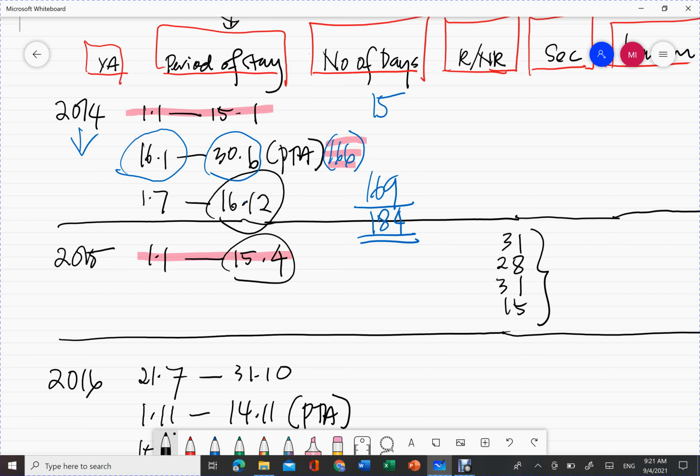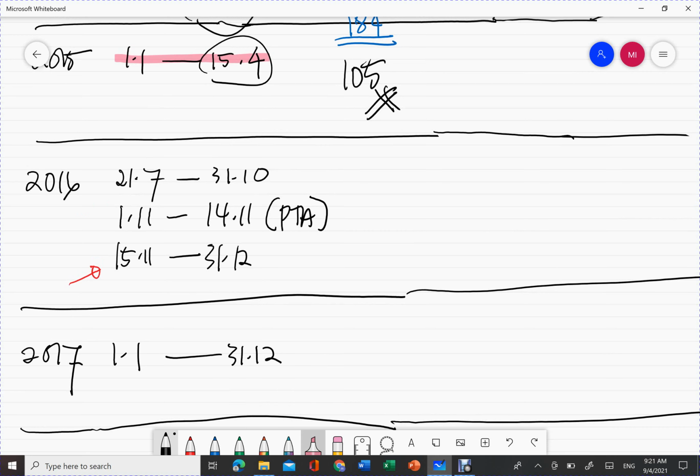Alright. Now let's take a look at year 2016. For year 2016, he was in Malaysia starting from 21st of July until 31st of October. So kita kiralah berapa hari. 21st July. Julai ada 31 hari. So tolak 21 campur 1 maksudnya tolak 20, Julai ada 11 hari. After Julai kita ada bulan 8. Bulan 8 August 31 days.